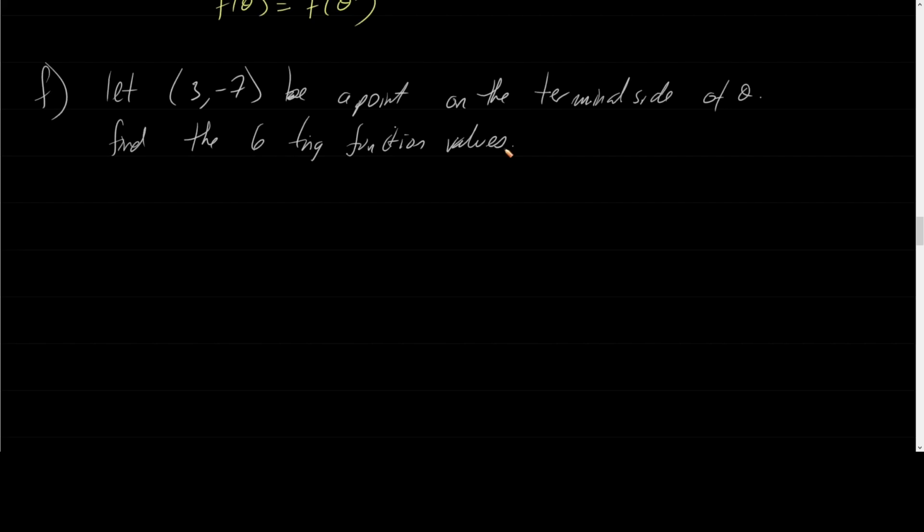First, I'm just going to look at this point. Where does that point fall? Well, say this over here is 3, and this over here is negative 7. So 3 negative 7 would fall right there.